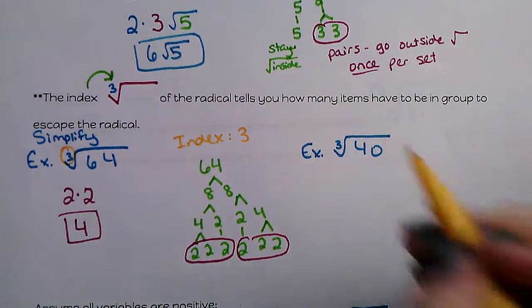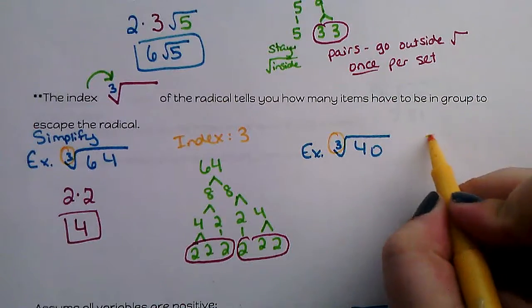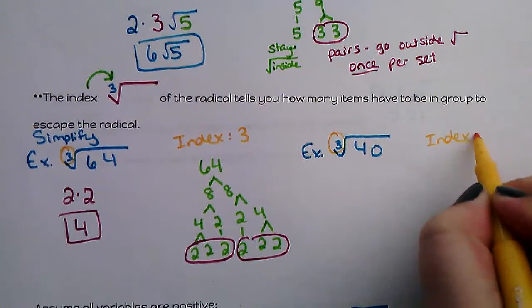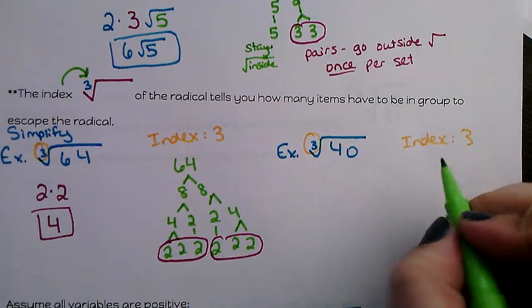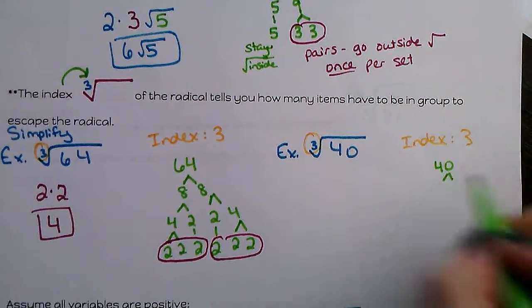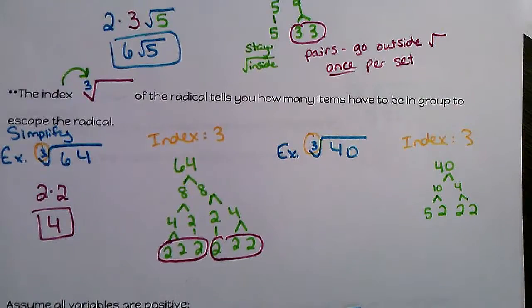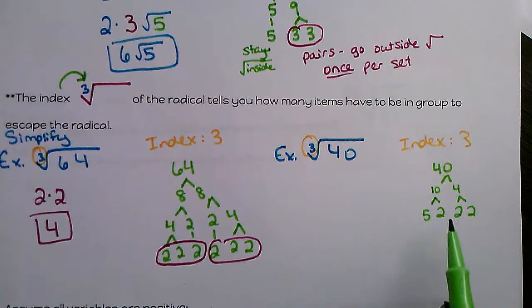On this next one, what is the index? Well, the index is that number there in the armpit of the radical. The index is 3. So now I do a factor tree. I'm going to pause it while I do this. So 40 divides by 10 and 4, and then we got this prime factorization here. Remember, all of these numbers are prime.